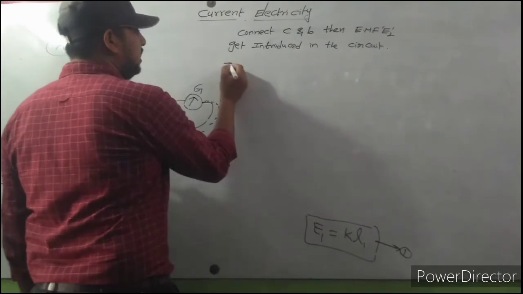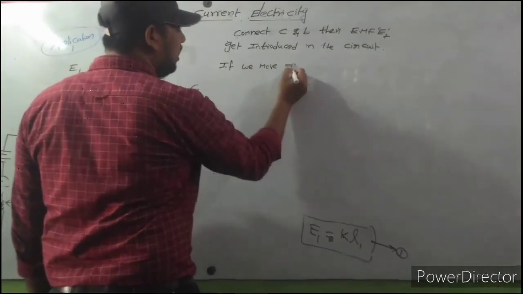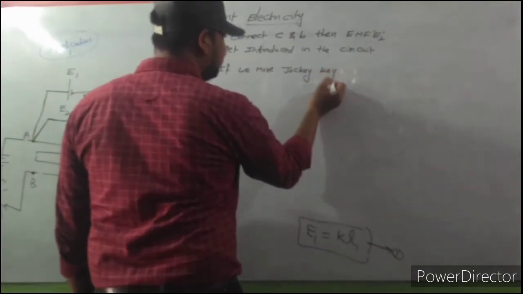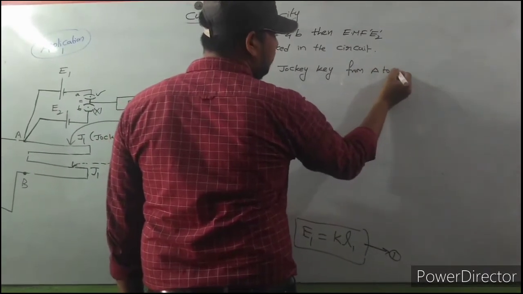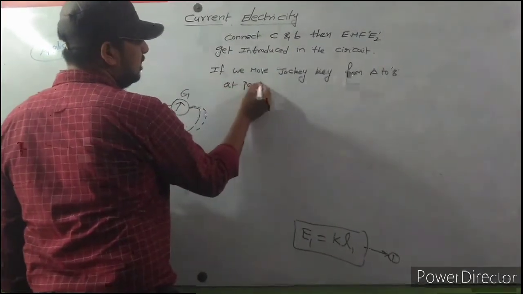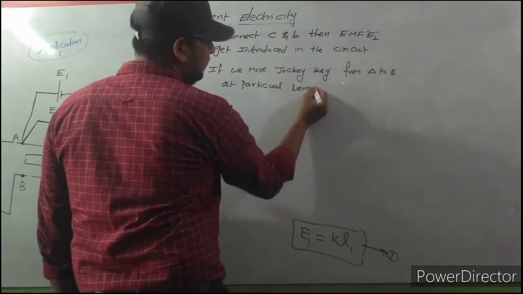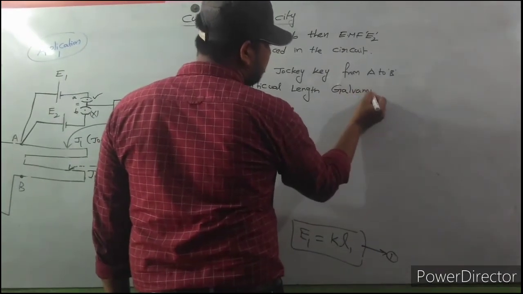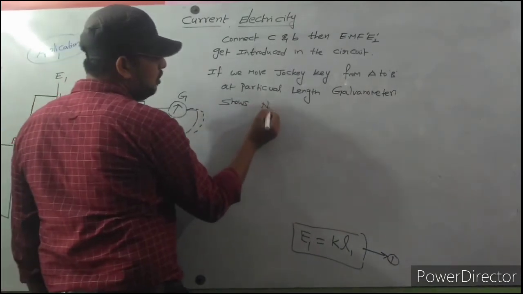Next, if we move the jockey key from A to B, at a particular length the galvanometer shows no deflection.